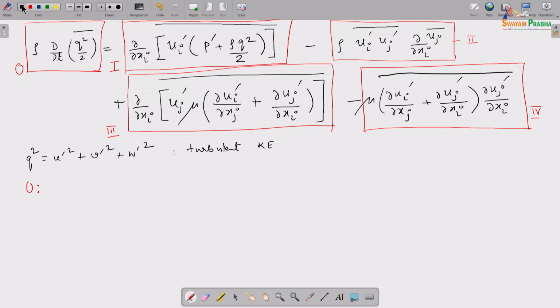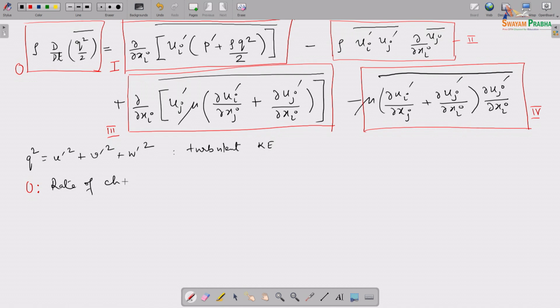So could I say that O actually means the rate of change of a mean turbulent KE, the time average? When I say mean, I basically mean the time average.